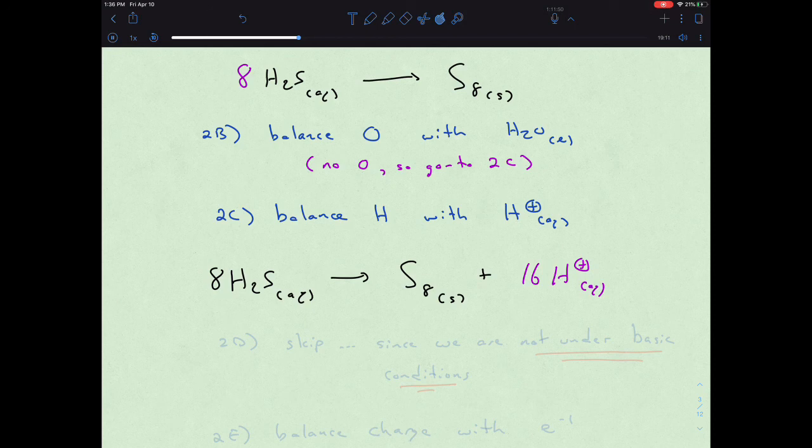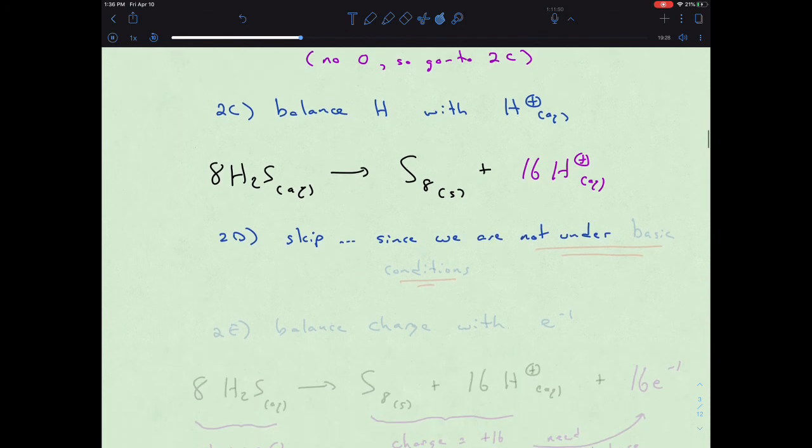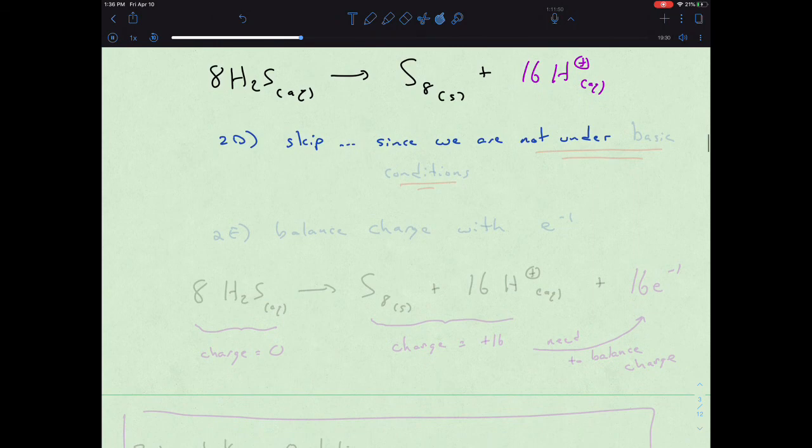So we've balanced out now the protons. Remember, 2D we can skip, right, because we are not under basic conditions, just like we did before.